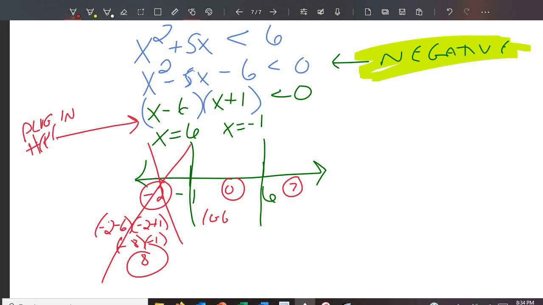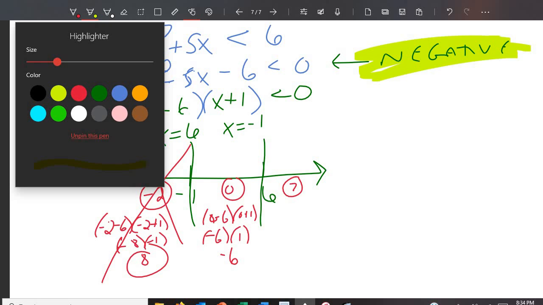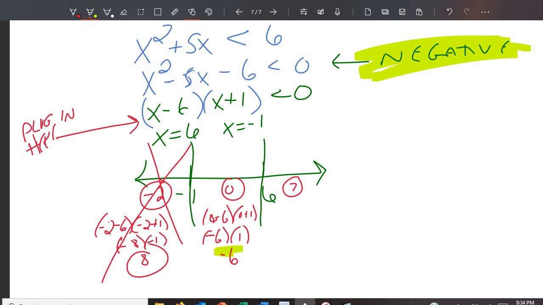Let's plug the 0 in. We want to get negative 6 times positive 1, which is negative 6. Well, we want our answer to be negative, and guess what? We just found the negative number. So we're going to highlight or shade in what's right in the middle.